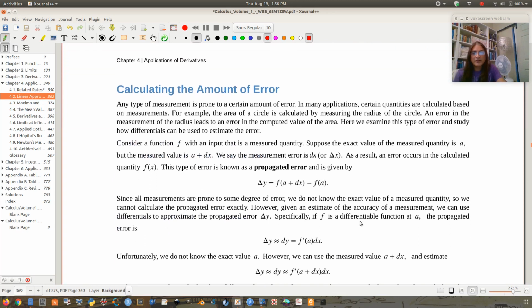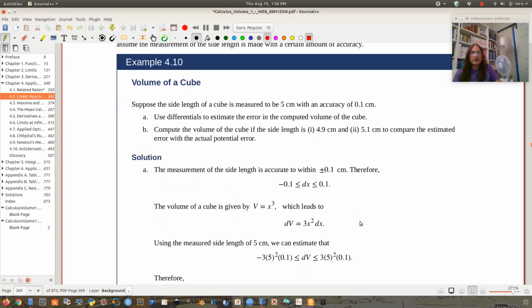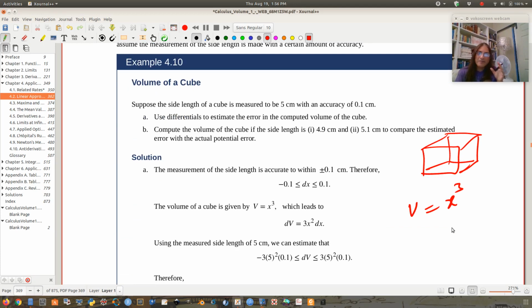Okay, we can also find the amount of error. For example, if you're finding the volume of a cube, and you have some measurement error, the volume is given by x cubed. Now, if you have a measurement error in measuring x, how much of the error will go to the value of v?